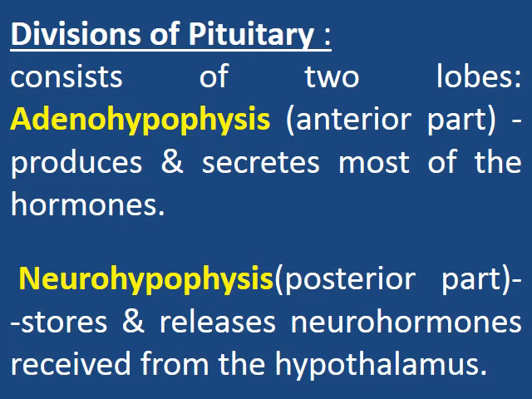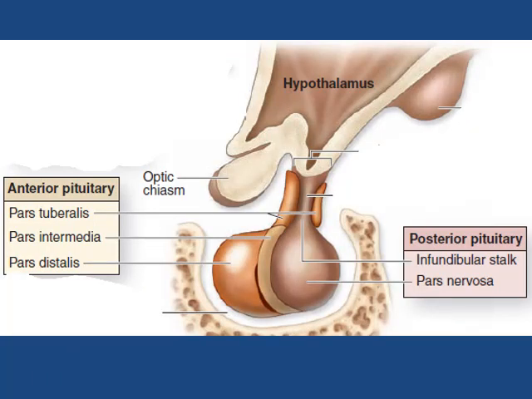Adenohypophysis produces and secretes most of the hormones, whereas neurohypophysis stores and releases neurohormones received from the hypothalamus. This is the pituitary gland. Two parts are there, that is the anterior pituitary and the posterior pituitary.